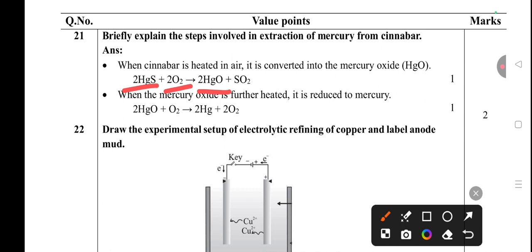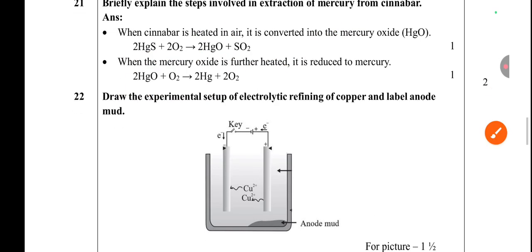It gives mercuric oxide with liberation of sulfur dioxide. The mercuric oxide is further heated and reduced to mercury, liberating oxygen.